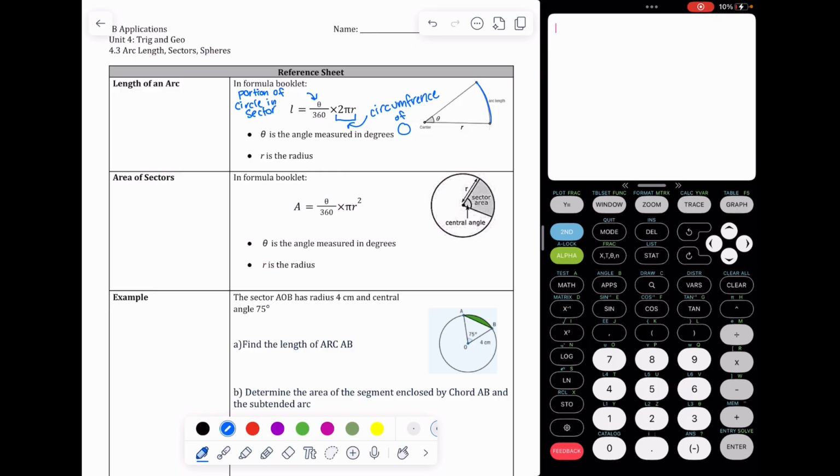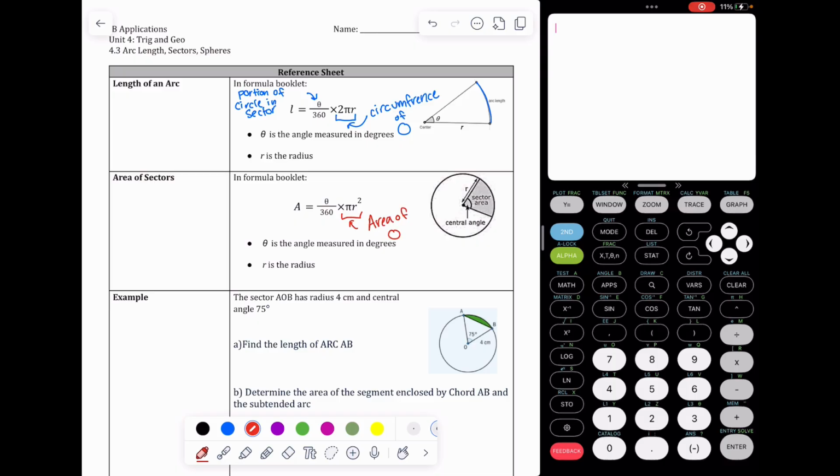The other formula we have here is the area of a sector. So similarly, the area formula is really closely connected to the area of a circle formula. So this pi r squared, you've known that since geometry at least, and that is our area of a circle.